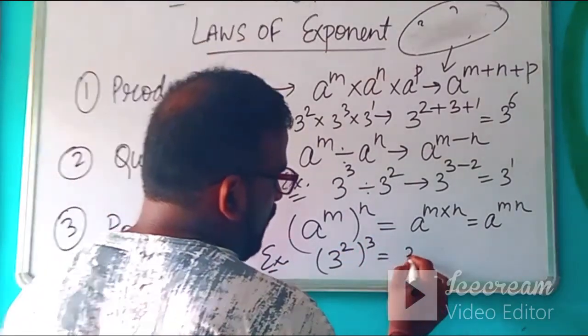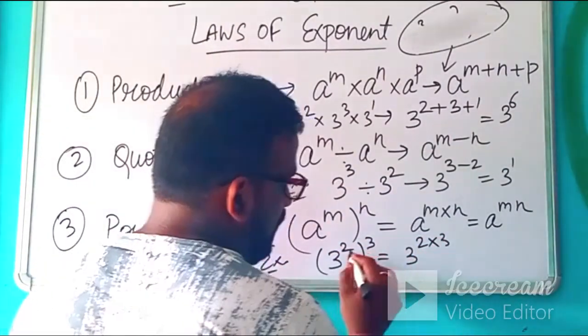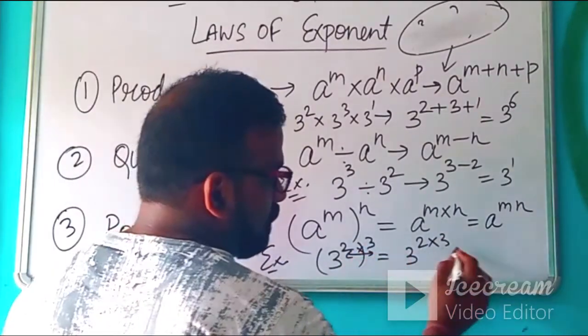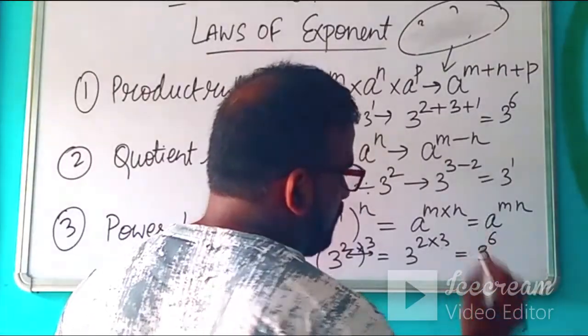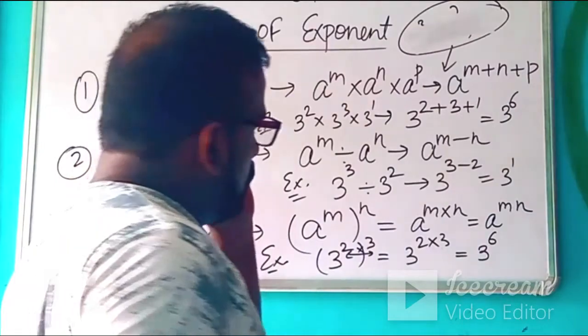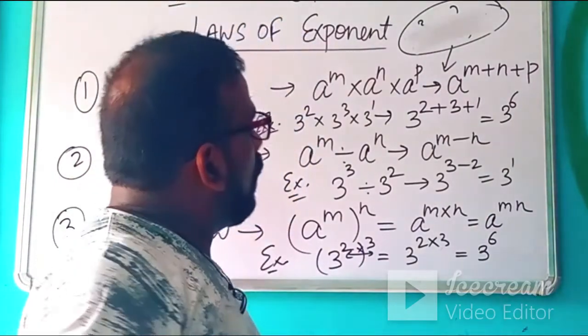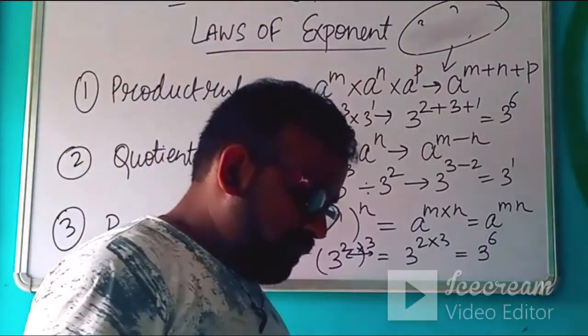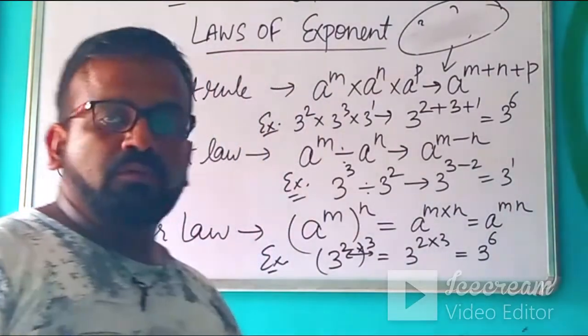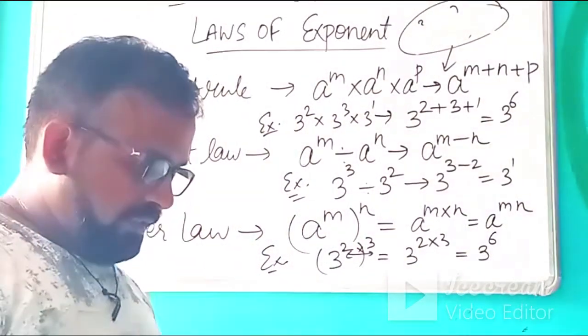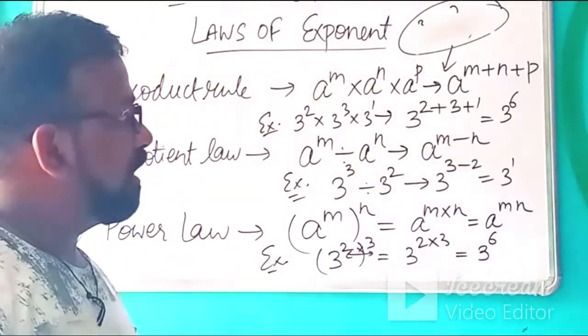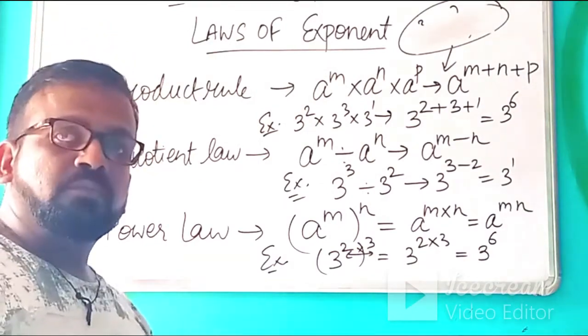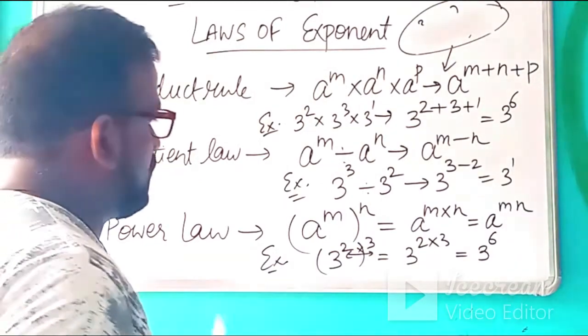What will be my answer? We will multiply these powers, so you will get 3 to the power 6. So product law, quotient law, then power law: these are the three basic laws that we will use, and along with these a few more rules are there. First take a look at this.